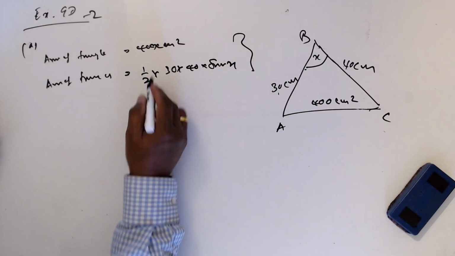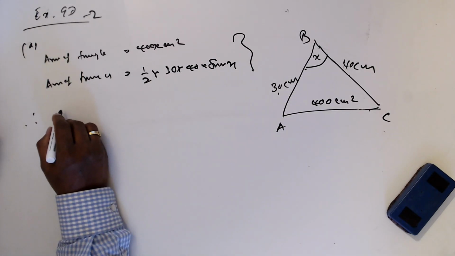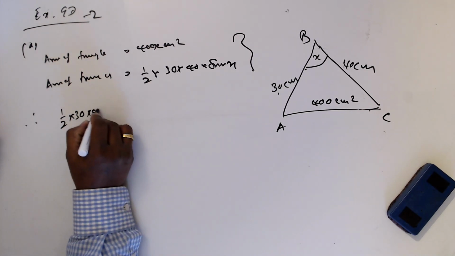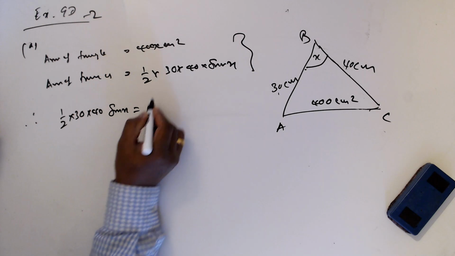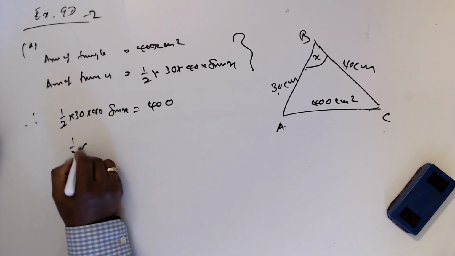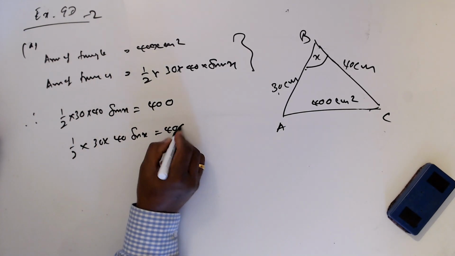Hence, from both you can write, half times 30 times 40 times sine x equals 400.